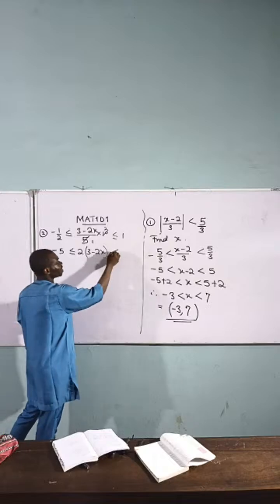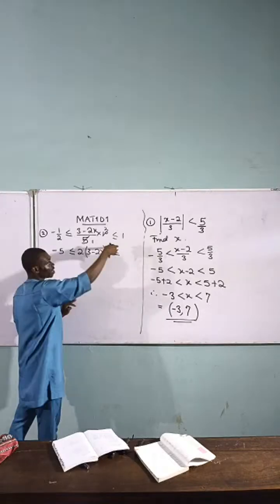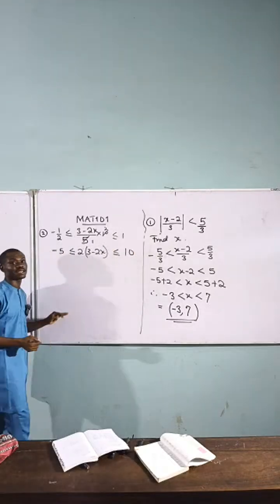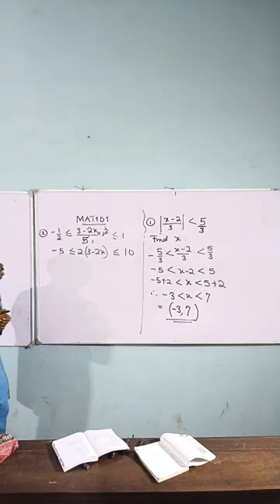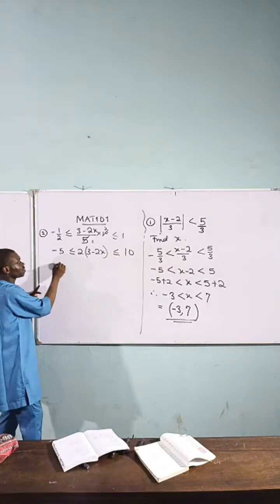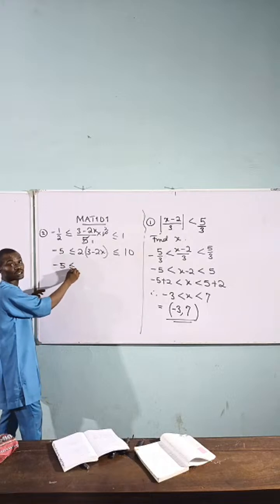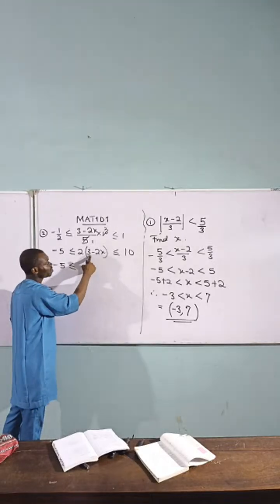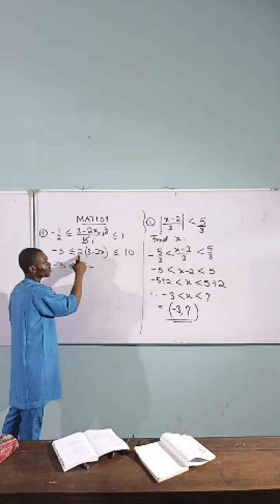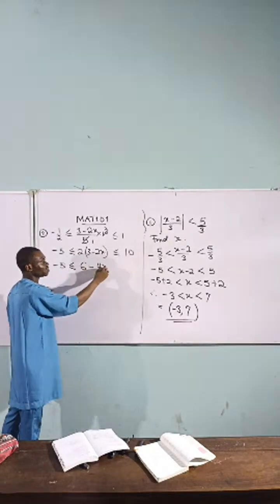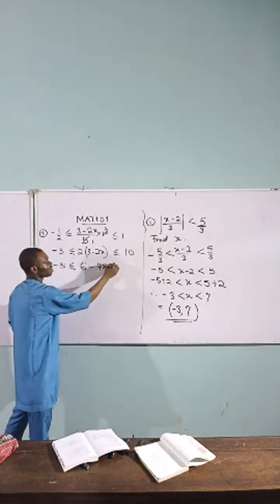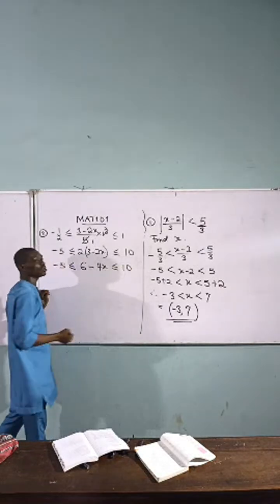And that is less than or equal to 10 multiplying 1 to give you 10. So what do you have now? You try to finish your simplification. Open the brackets. This will give us 6. This one will give us minus 4x. All right, and that is less than or equal to 10.